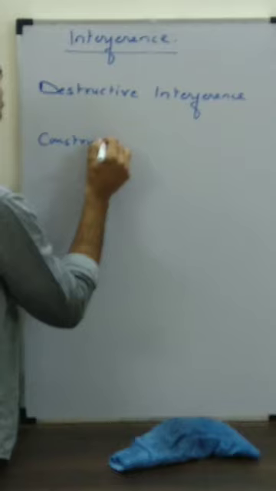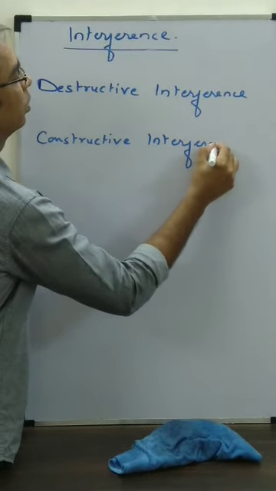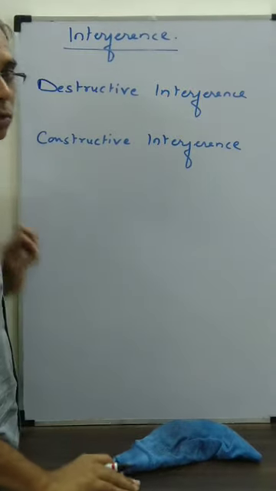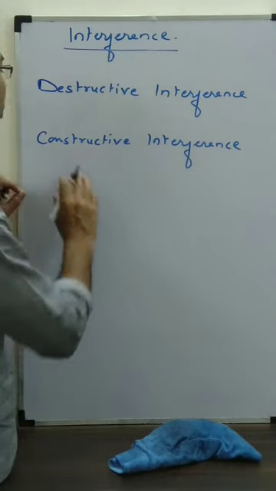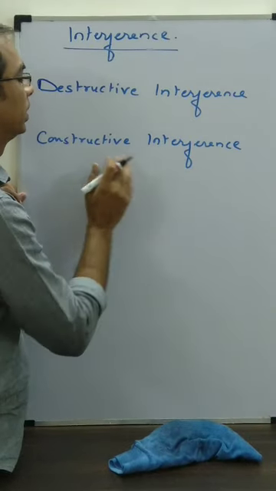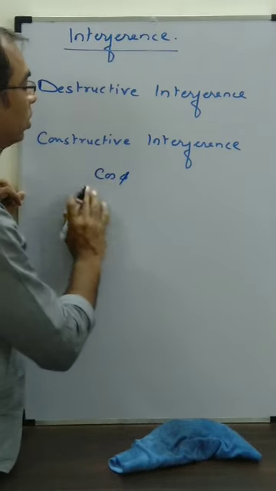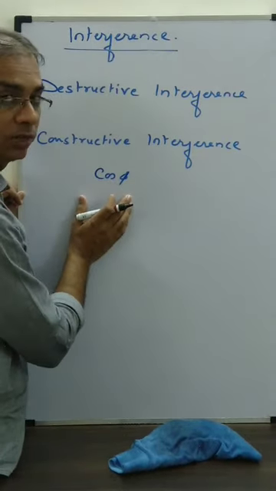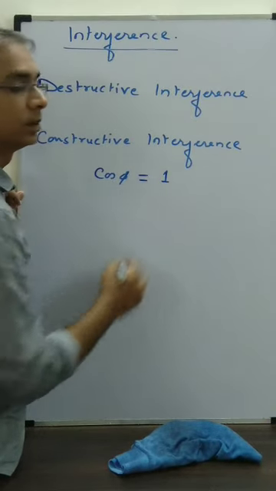Now, constructive interference means the point where you are going to get the maximum amplitude or maximum intensity.